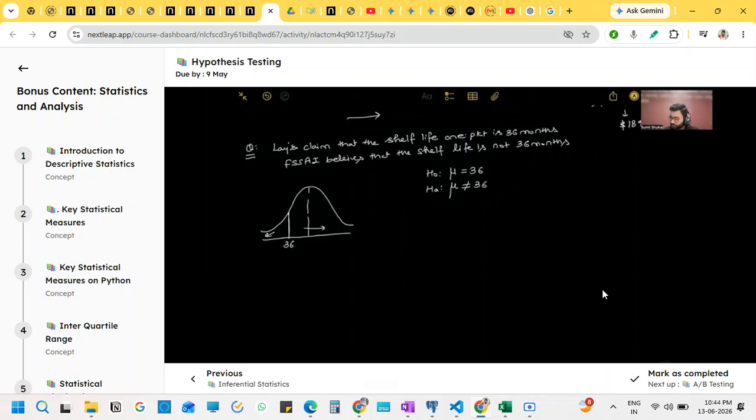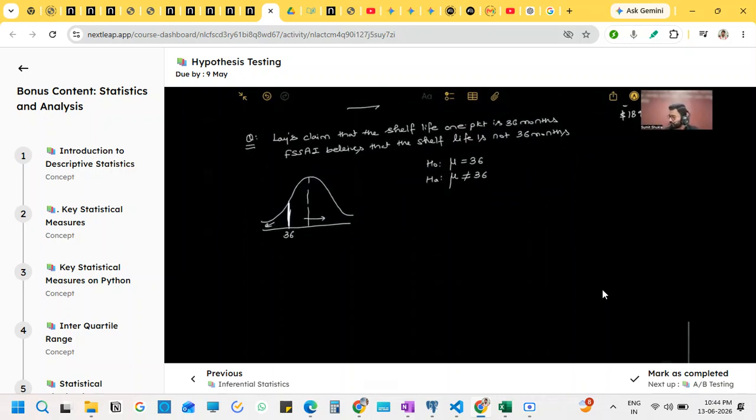But you are not going to only find out this. We will talk about what is the region of acceptance. There should be some region because getting exactly 36 is impossible, right? So there will be some region. Let's assume that this is 36, and we believe that this is okay. This is accepted. So anything which is below this, anything which is above this is not accepted.